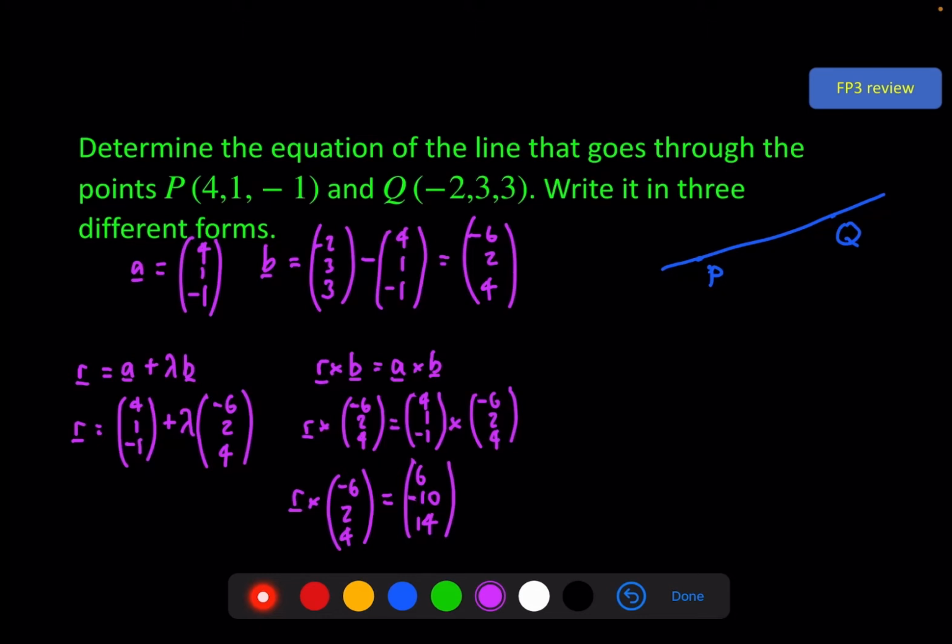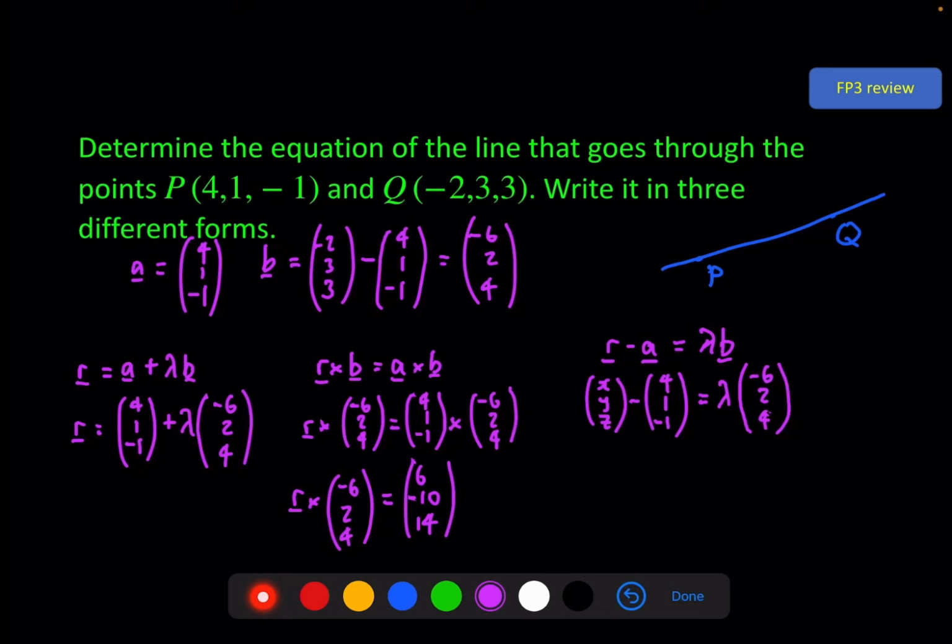The third form, Cartesian form, we start from r minus a is equal to lambda b. And we put in x, y, z for r, the point we know for a, and b.